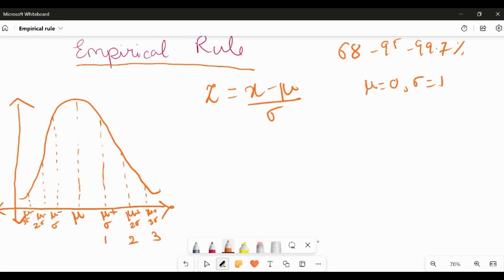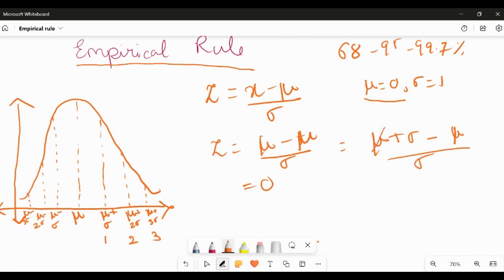So if you put mu in the place of x, it's nothing but mu minus mu by sigma, and you will get 0. So this is how you get it. Second, mu plus sigma: in the place of x you put mu plus sigma minus mu, and with the standard deviation you get sigma by sigma, which is nothing but 1.